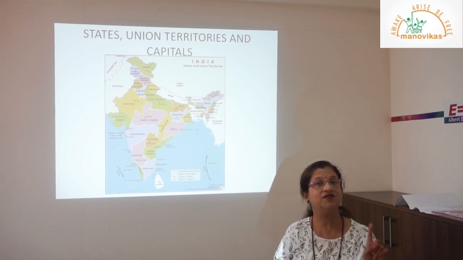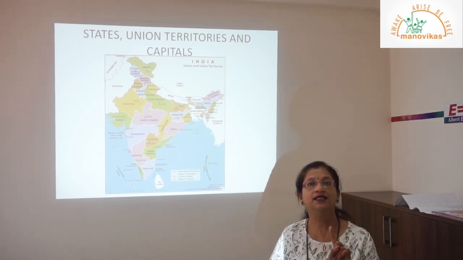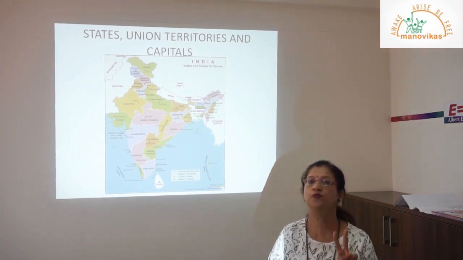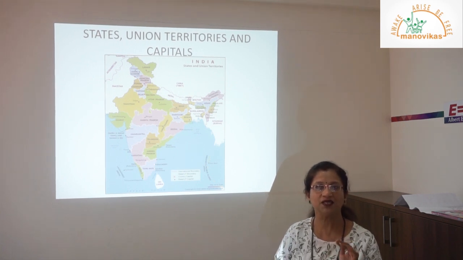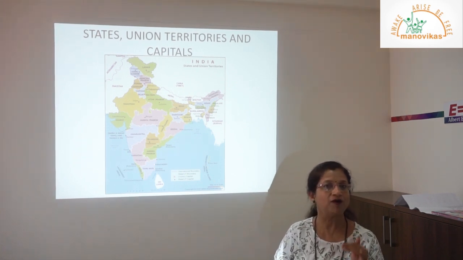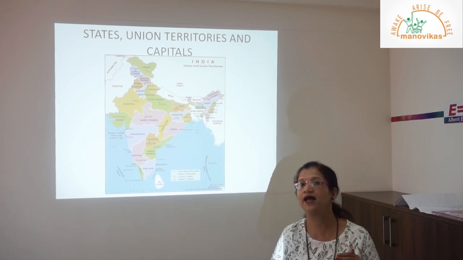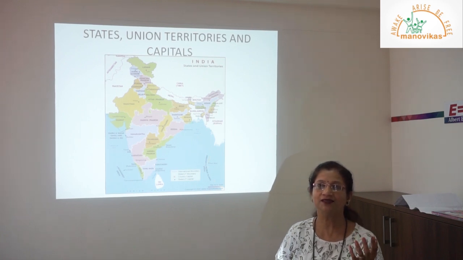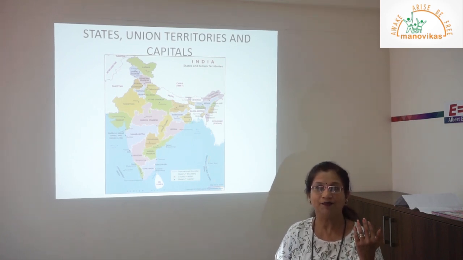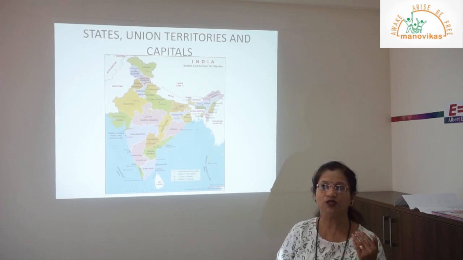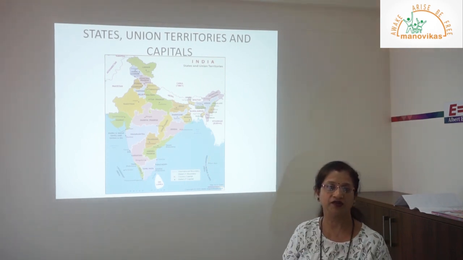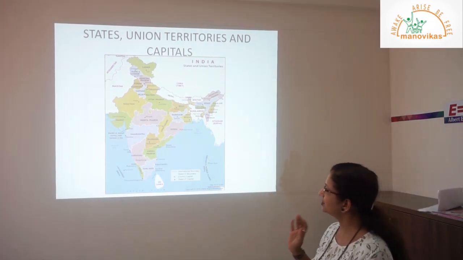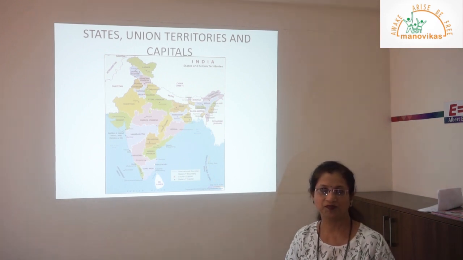So always keep this in mind that we have a population of around 1.3 billion. So children, you imagine how important it is for us to learn about our own country, India. Today I have covered the first lesson, India, our country.